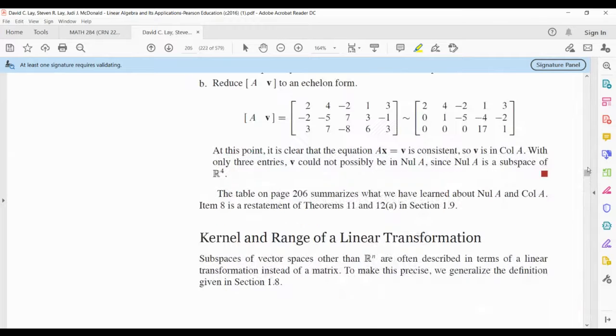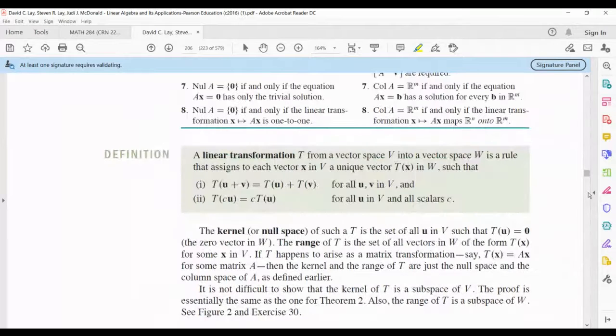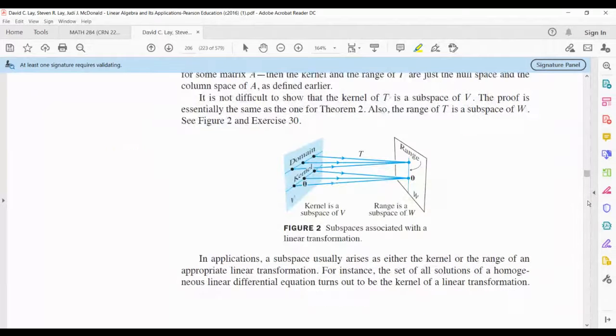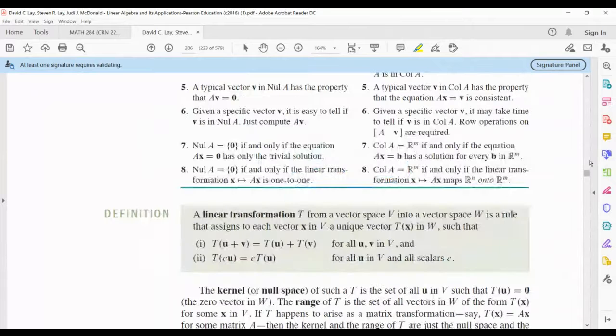The kernel and range of a linear transformation. So the null space is sometimes called the kernel of the transformation.